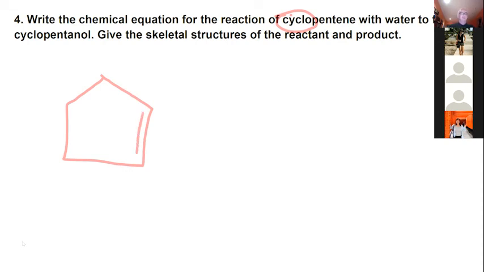So that's C5. And how many hydrogens would that be? 1, 2, 3, 4, 5 carbons. How many hydrogens are going to be attached to numbers 3, 4, and 5?